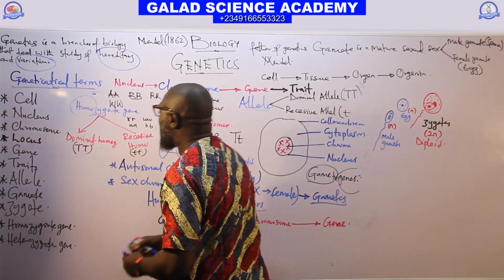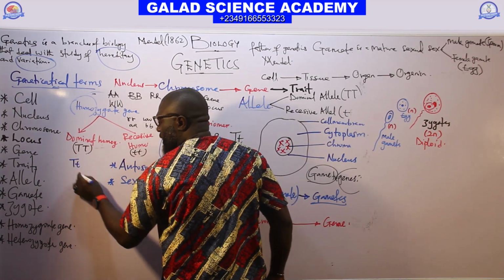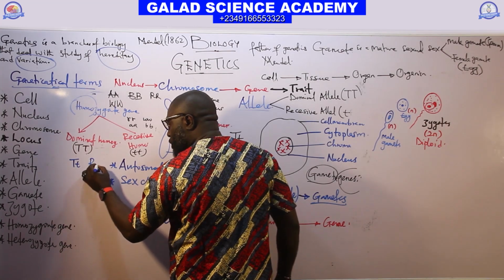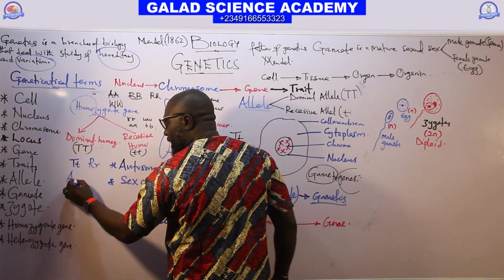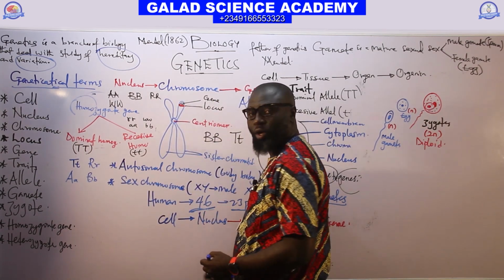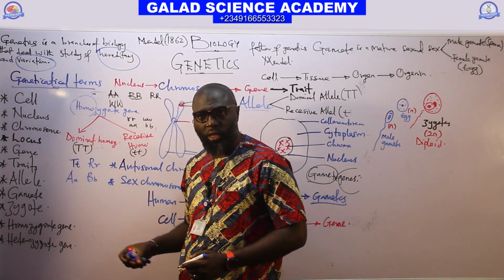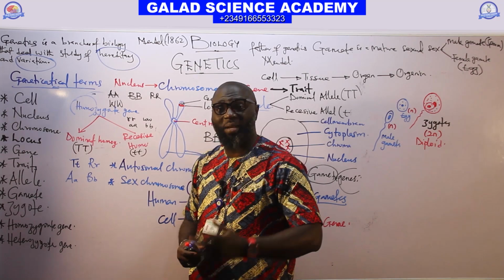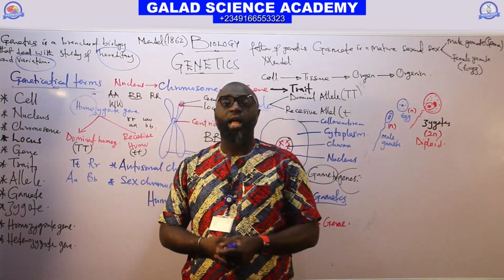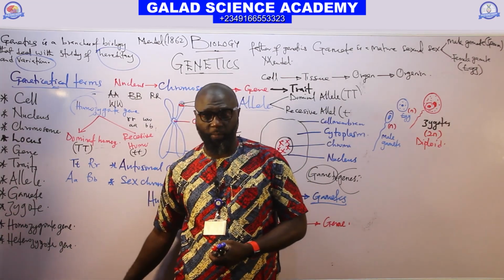Example for heterozygote we have capital letter T, small letter t. So you can see that they are not the same. Or you can have capital letter R, small letter r. Capital letter A, small letter a. Capital letter B, small letter b. So all these genes are heterozygote. If two dissimilar genes are responsible for a character, you call it a heterozygote gene organism.